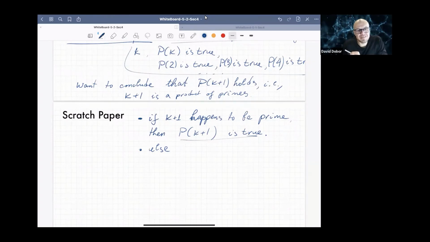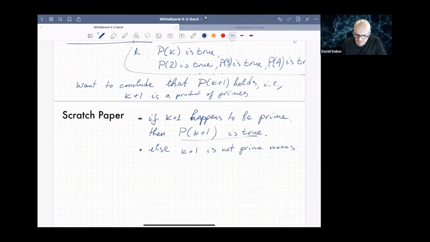K plus 1 is not prime. This means that it's a product of two smaller integers. Not prime means by definition that it's divisible by some smaller integer than k plus 1.